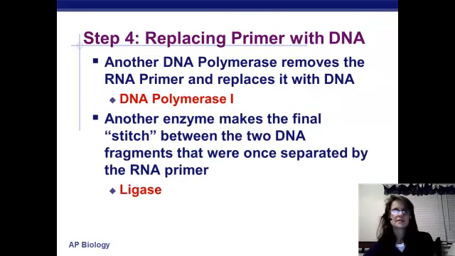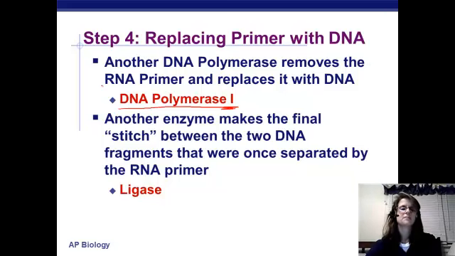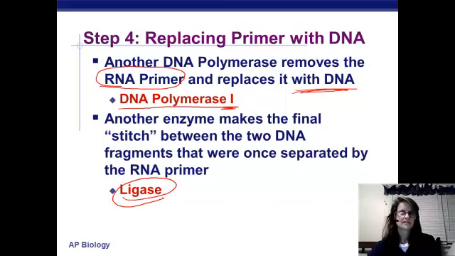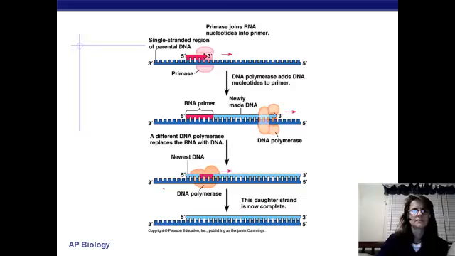There is an enzyme that does that. It is called DNA polymerase 1. It's the first one that was discovered. That's why it's got the number 1. The RNA primer is removed and replaced with DNA. And then remember, ligase is the thing that is going to stitch together the two fragments once that's complete.